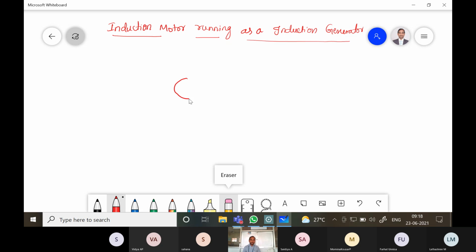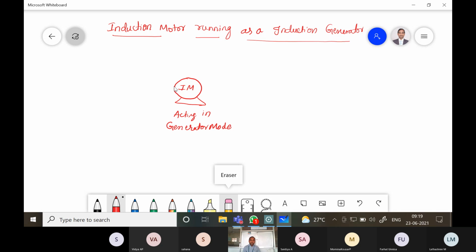Suppose we have the induction motor represented by IM. This is acting in generator mode, before it is connected to the application.